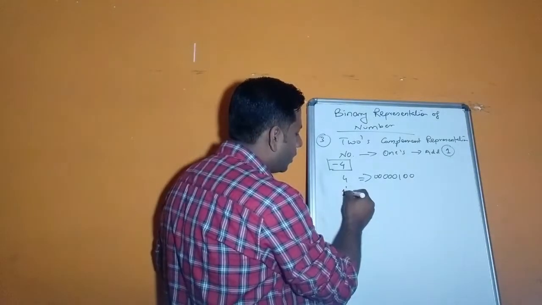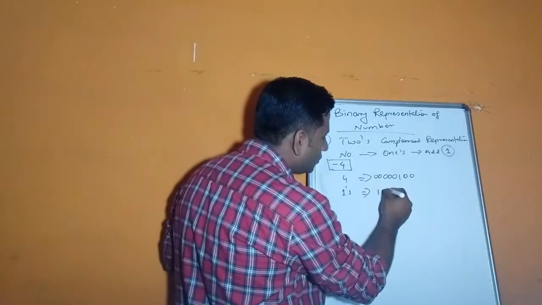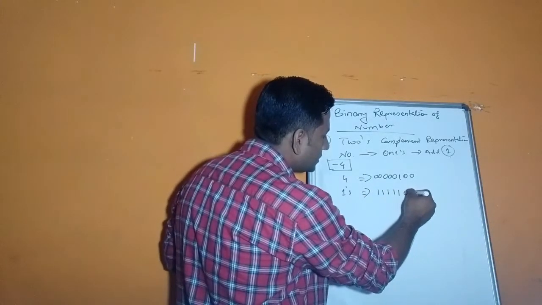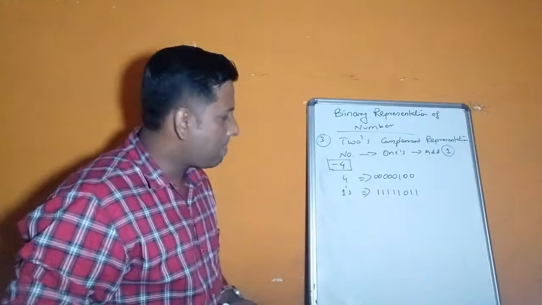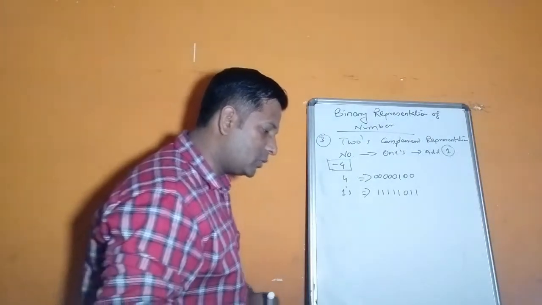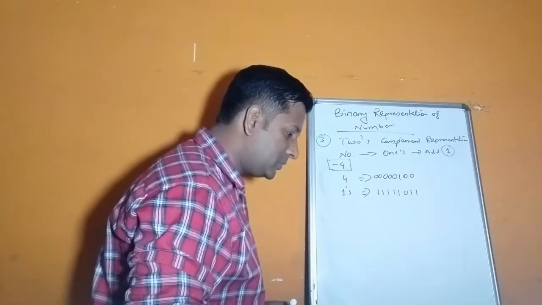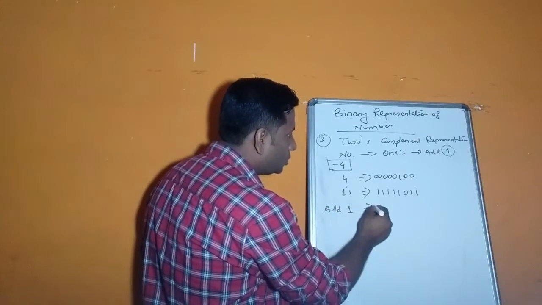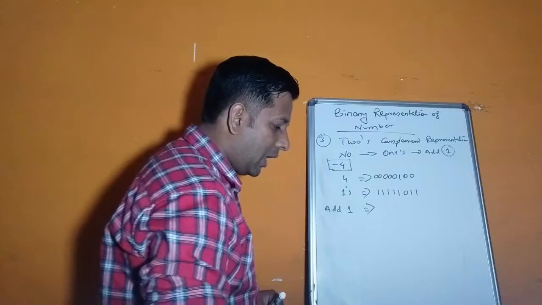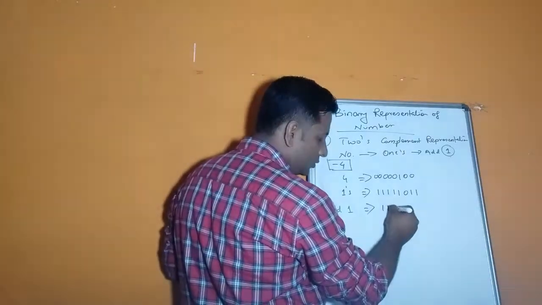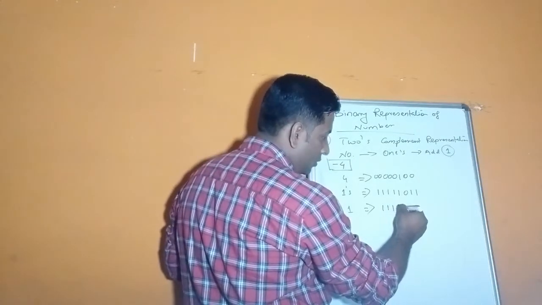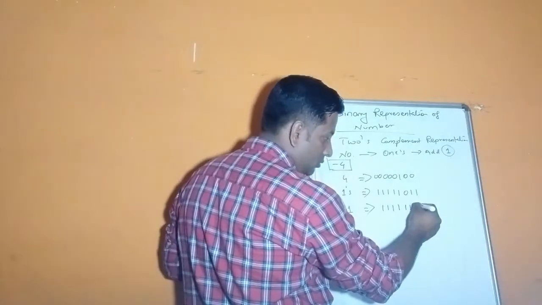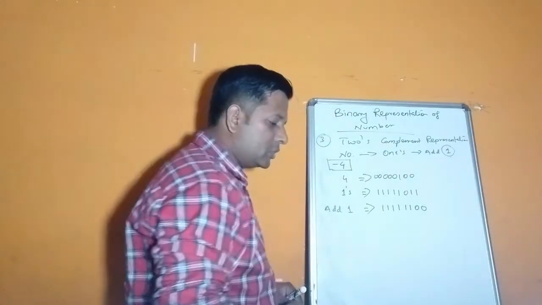Then according to 1s complement, okay, according to 1s complement, we get this part. Then we'll add 1 to the 1s complement part, and finally we'll get this one.